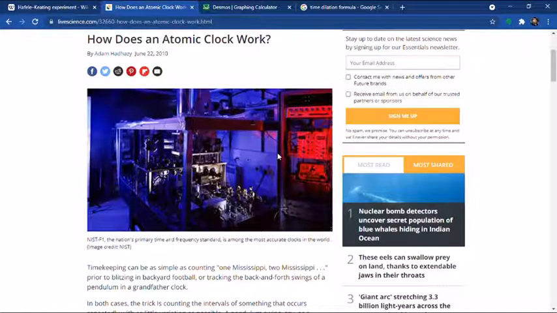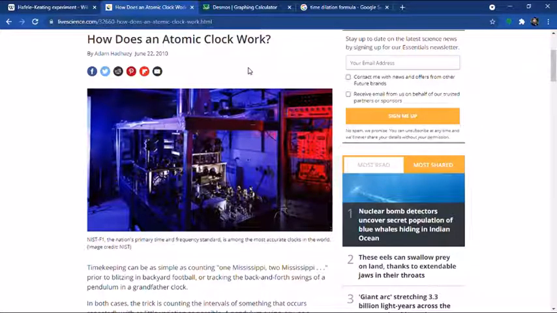They produce a frequency of light where they know the exact amount of cycles that pass a specific point in 1 second, and then they measure this frequency, and they measure the amount of cycles that pass, and whenever that specific amount of cycles pass, they say that 1 second passed, and so on, and they count the seconds.